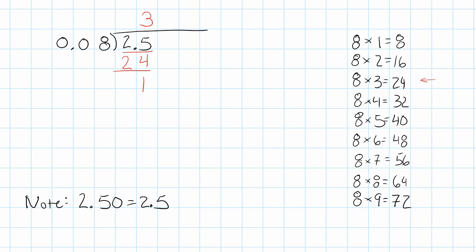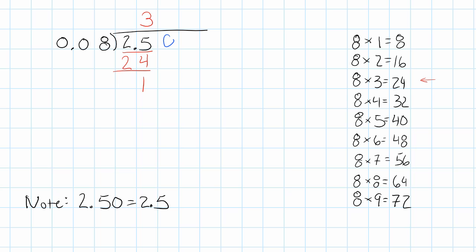The key point to note is that if we have a decimal point, we can add on zeros after the decimal point without changing any values. 2.50 is exactly the same as 2.5.